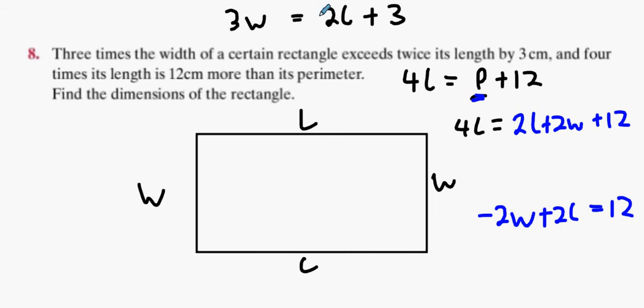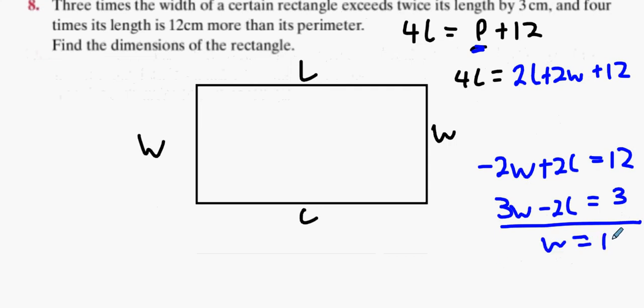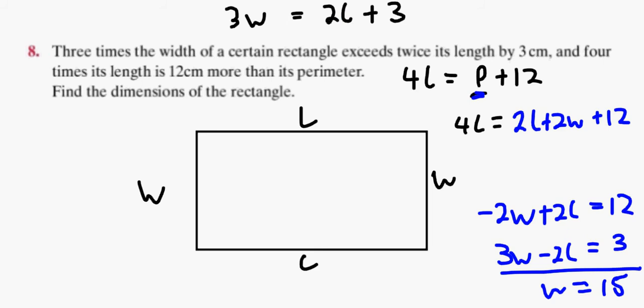And this one here is 3W minus 2L equals 3. So W equals 15. And if W equals 15, then I have to figure out what L is. If W is 15, what's 3 times 15? 45. 45 take away 3 is 42, plus 2L, that means L equals 21. Everybody happy with 21 and 15? Okay, let's move on. It's just a bit wordy more than anything.